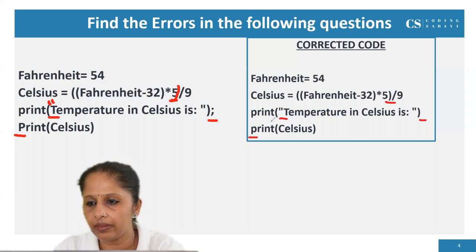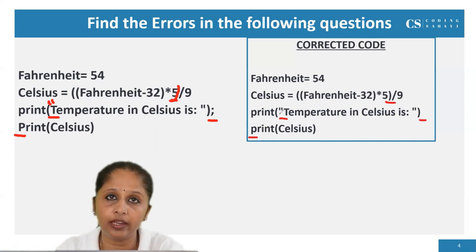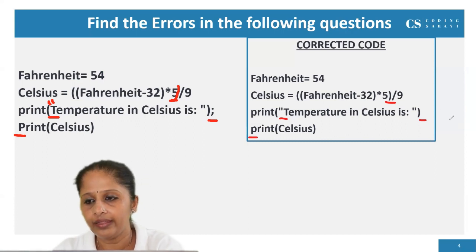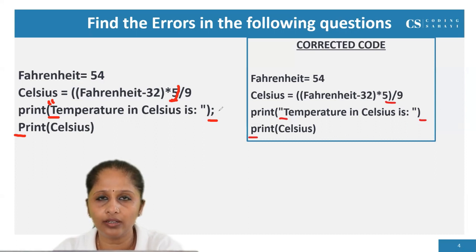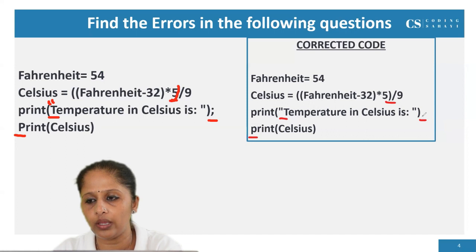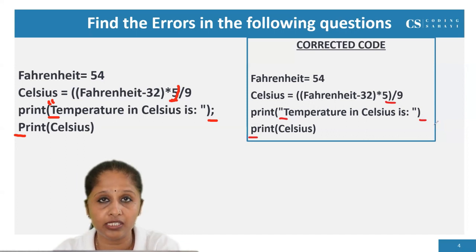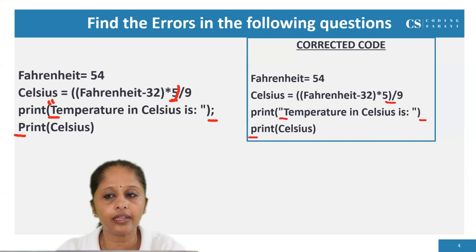Then in the print statement, in the program already it is closed, so there should be an opening quote. So that quote is given here. Then here 1 semicolon is there, it should be removed. So I removed that one, but underline must be there. Then after that print P is capital, that is changed and I have given the underline here. So this is the corrected code.